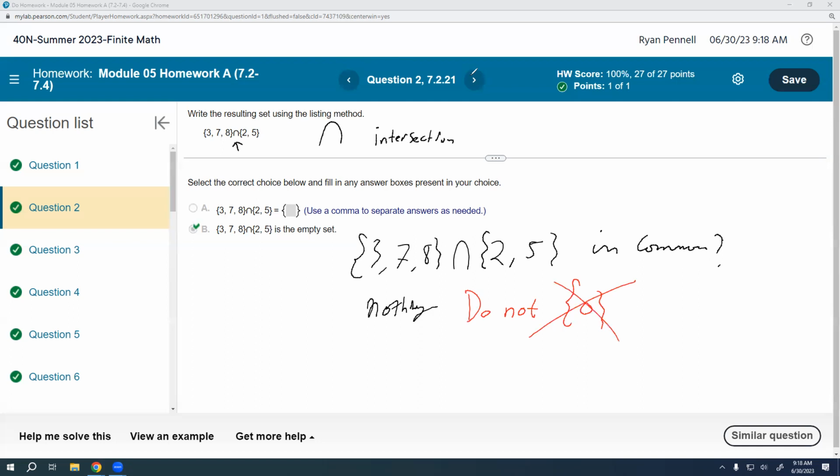Don't do that, because that's not what we mean. What we mean is the set that has nothing in it. That's what we want. The empty set. The empty set gets its own symbol, and this is the symbol for the empty set.